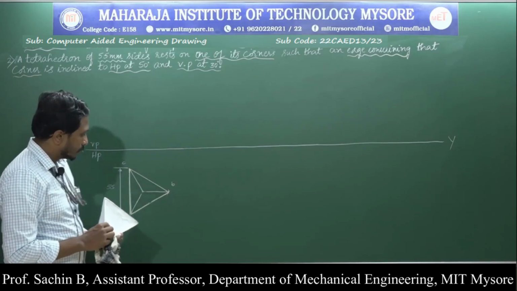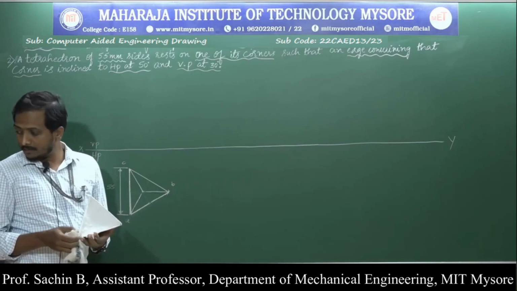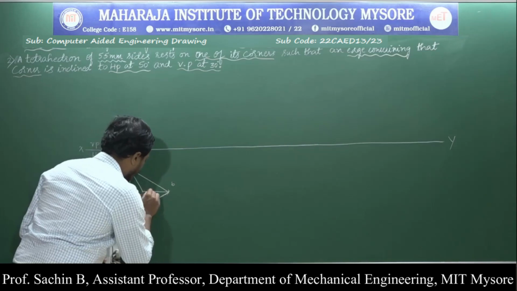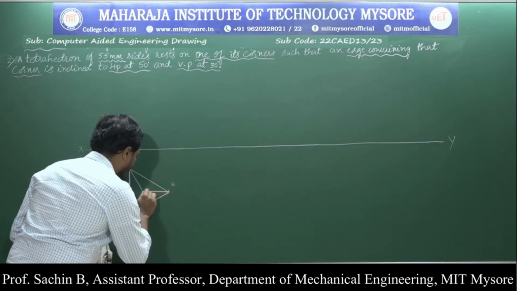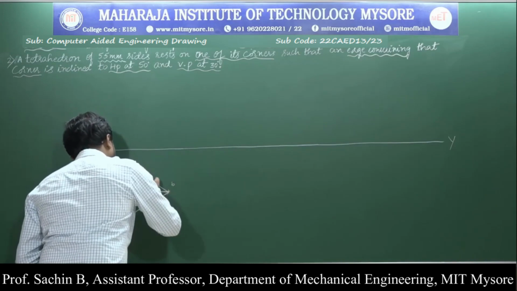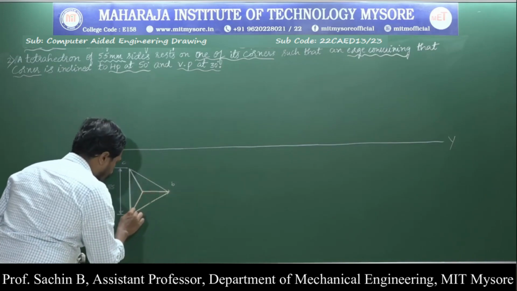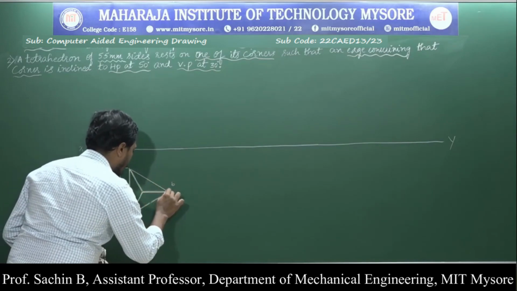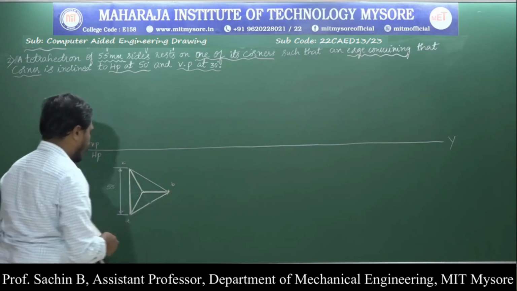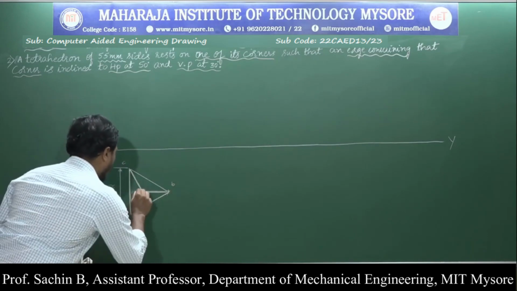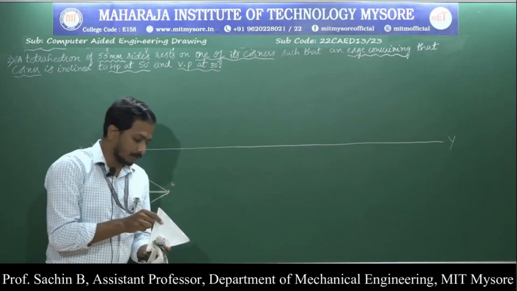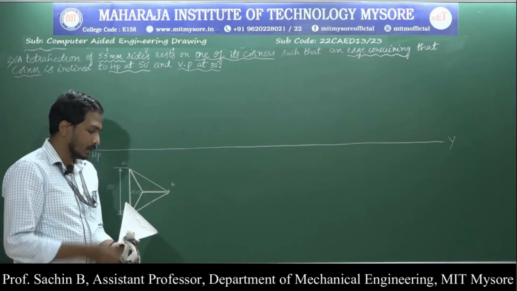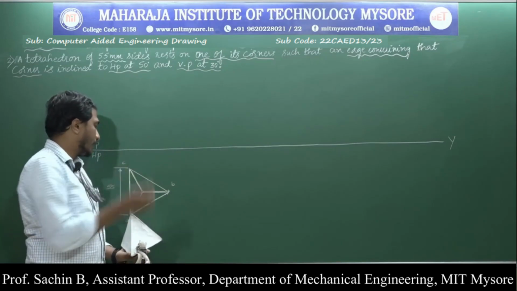Now from the top view, we can clearly see all the slant edges. I am making a thick line. Now I am going to call this point O1. You can clearly observe here, from the top the base part is clearly visible and the slant edges are visible. I have drawn that.